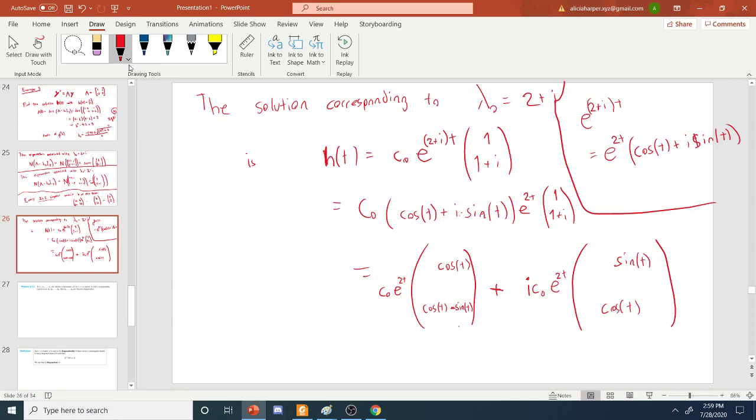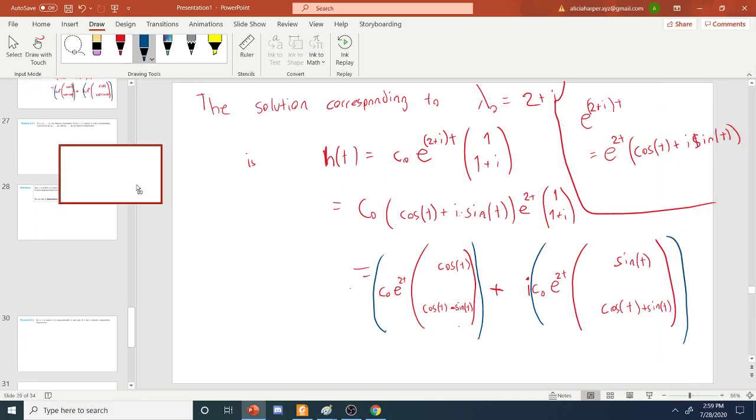And then I can also see I get a 1 times i plus sine of t. So I get plus sine of t. Now, I have these two interesting vectors. This vector and this vector. And now here's the awesome fact.